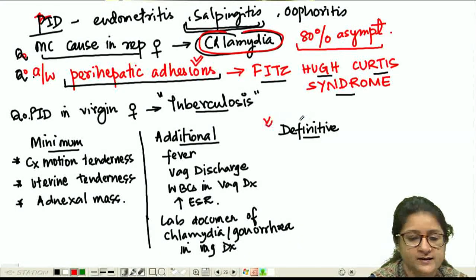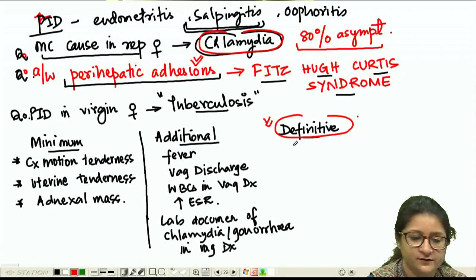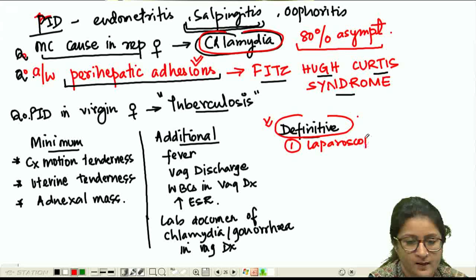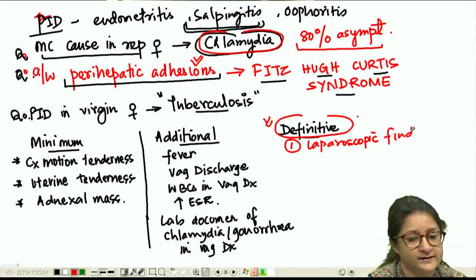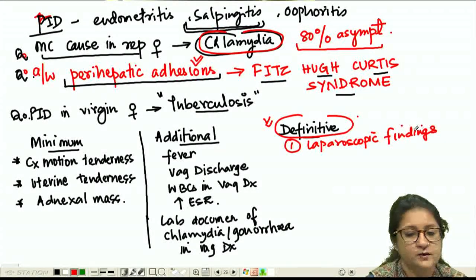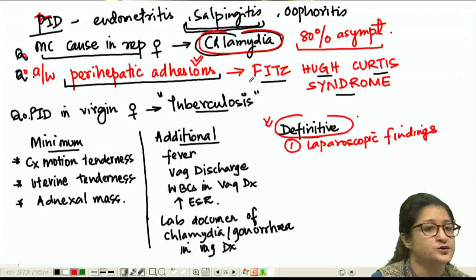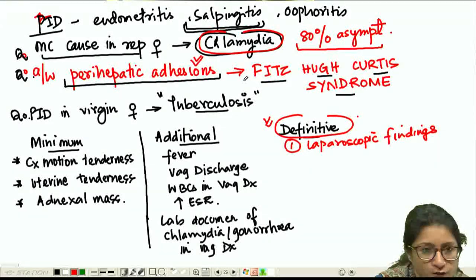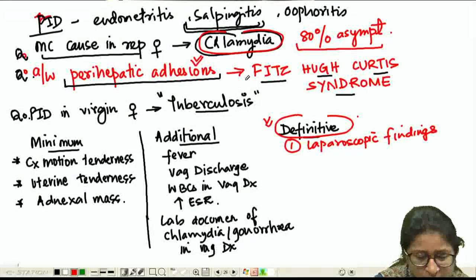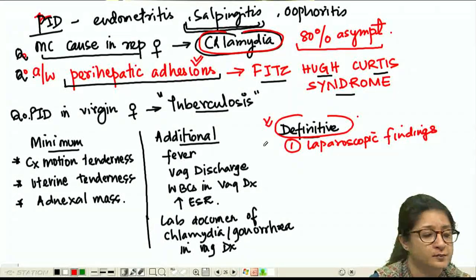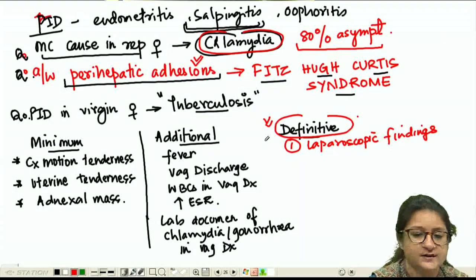Important point is, what is the definitive criteria? The definitive criteria is laparoscopic findings. So laparoscopic findings will be tubal findings, will be perihepatic adhesions, pyosalpinx or tubo-ovarian abscess, there could be hydrosalpinx, there could be perihepatic adhesions or adhesions in the pelvis.